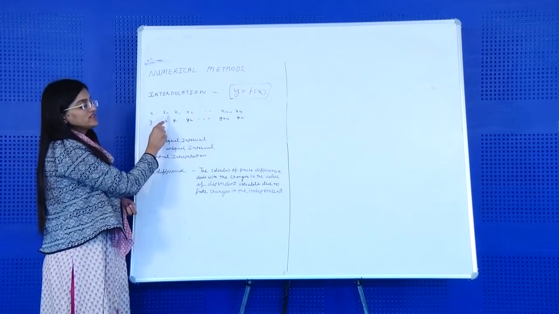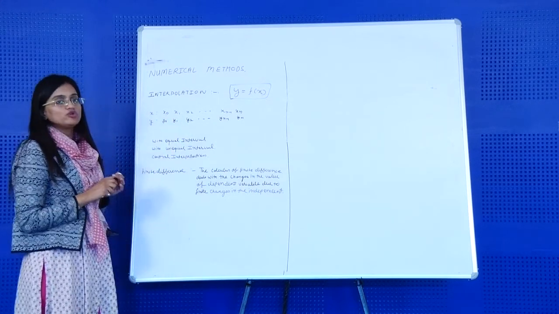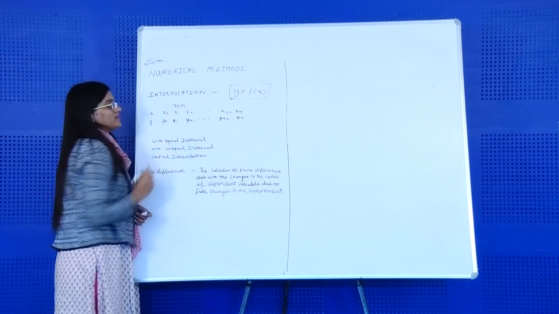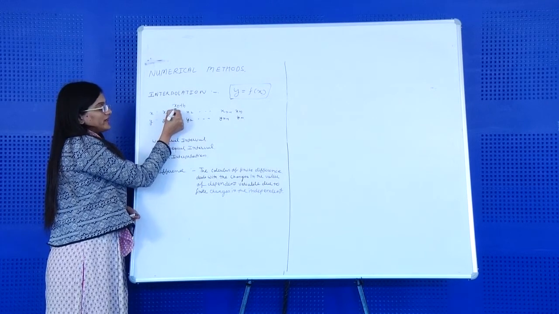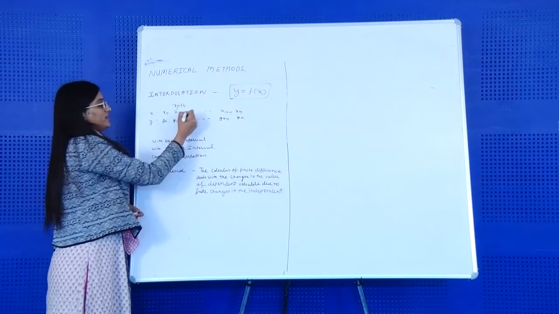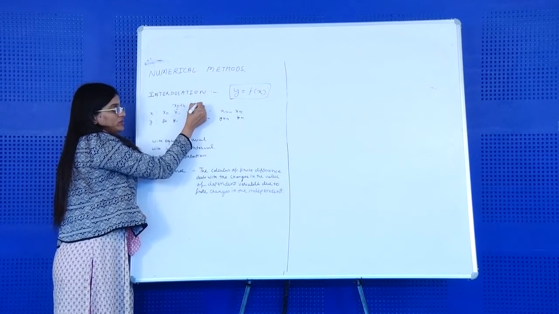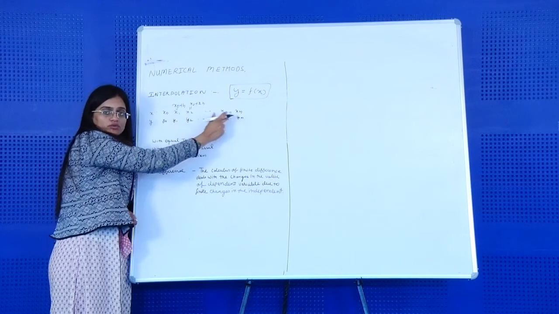I initialize the first value as x0, another one is x1, or you can get x1 with x0 plus h. That means I put some increment into a previous value to get another value. If I want to get x2, again I put 2 increments into x0 to get x2, and so on.